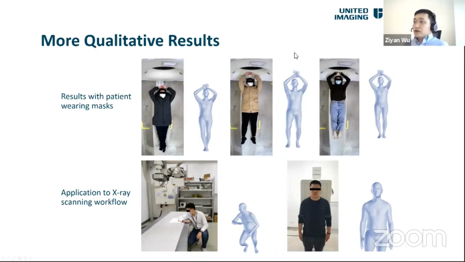And here are more qualitative results. We have shown that the model works well with patients wearing masks, which is a very common scenario during the pandemic. We also demonstrated that the model works in a more general setting, for example, the X-ray scanning workflow, which demonstrates that the proposed model can be applicable in an X-ray scan scenario.